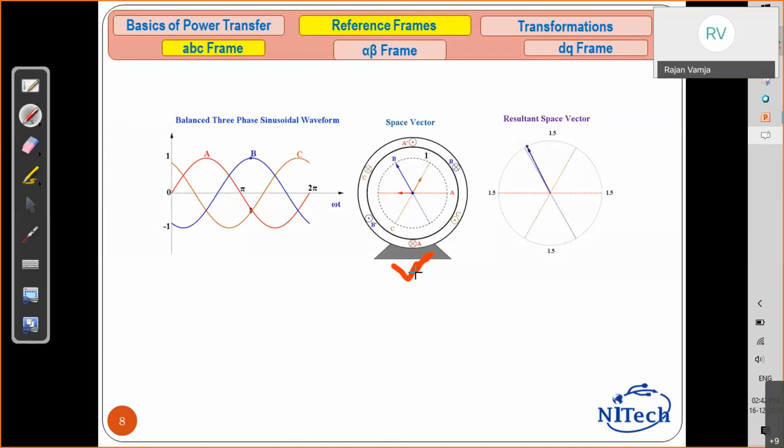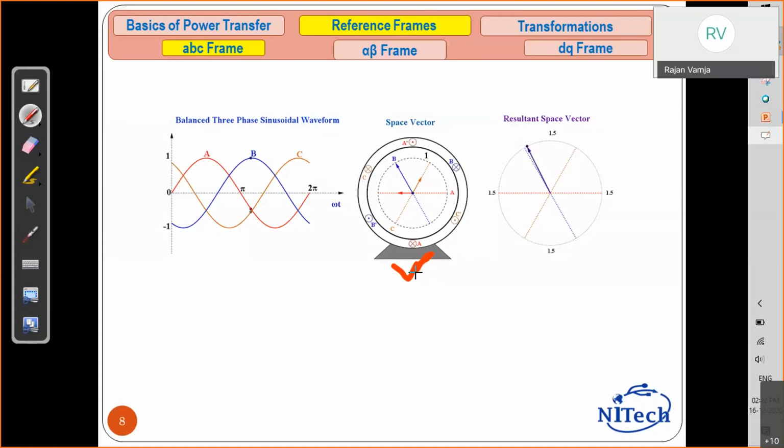It is not SVM. It is an electrical machine, like an induction motor or synchronous motor. There is a stator, and over the stator some winding is there: A dash, B dash, C dash.